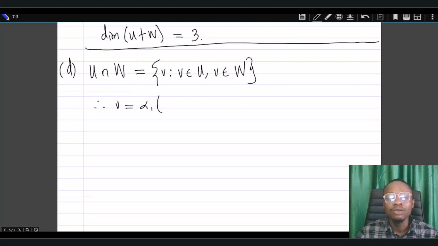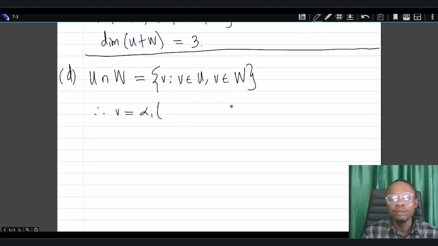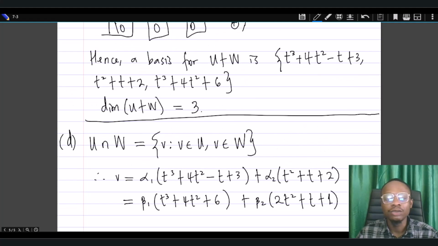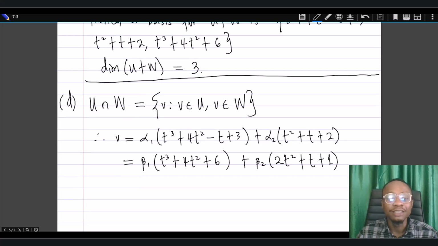So it will be alpha 1 multiplying that. Let's quickly write those vectors out. We just copied out the vectors in the basis that we obtained for each of U and W. Since an arbitrary vector V in U intersection W belongs to both U and W, it can be written as a linear combination of the vectors that span U, just as it can also be written as a linear combination of the vectors that span W. That's what we have used here.